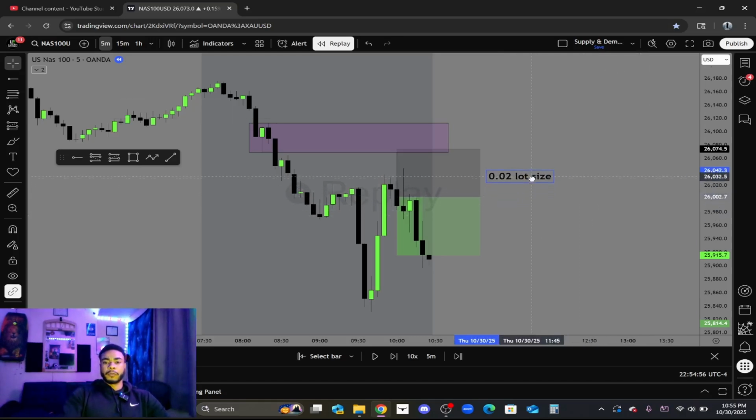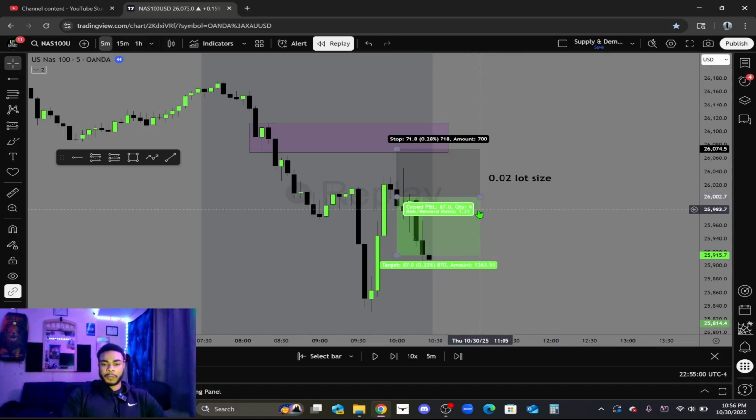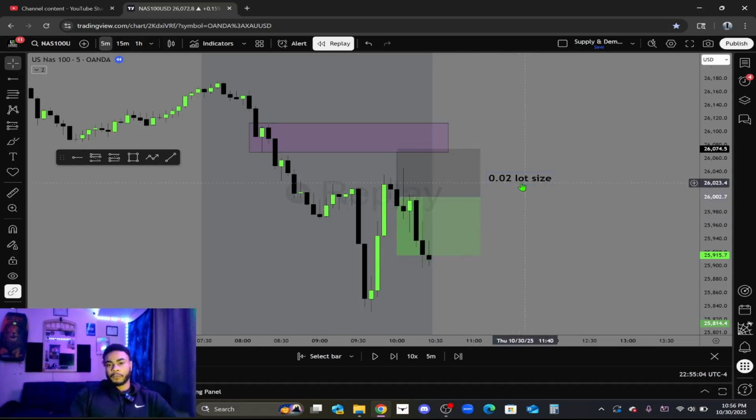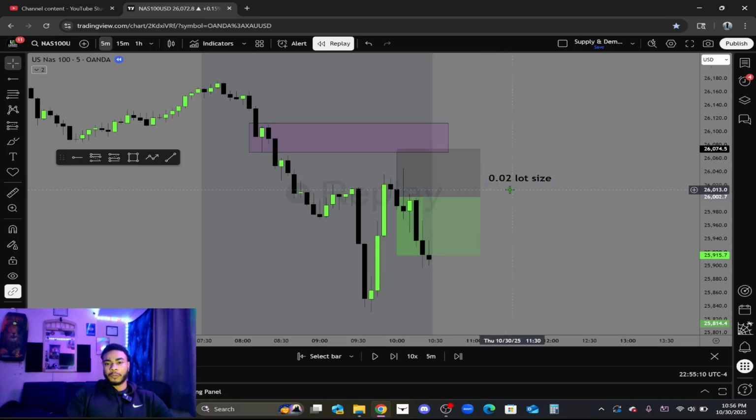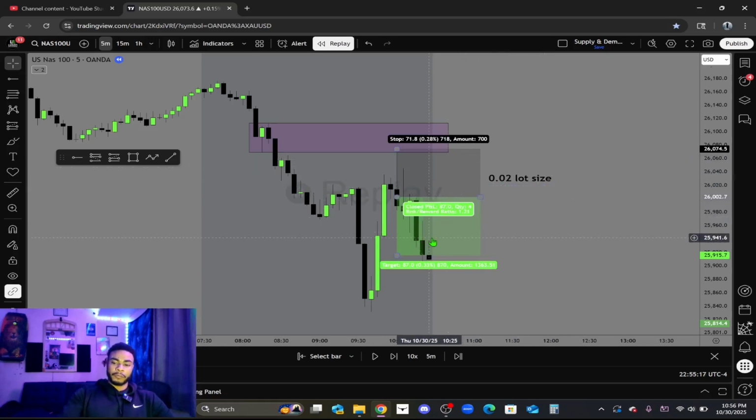So on Nasdaq, this is going to be the lot size for that amount of pips. For $200, if the stop on Nasdaq is 718 pips, you'll be putting a 0.02 lot size on your MetaTrader 4 to be risking $200.